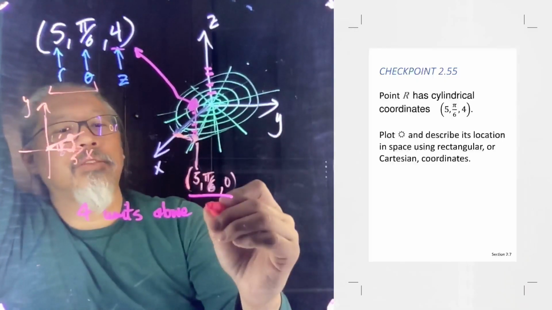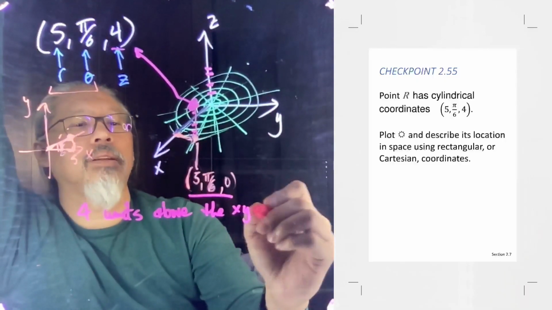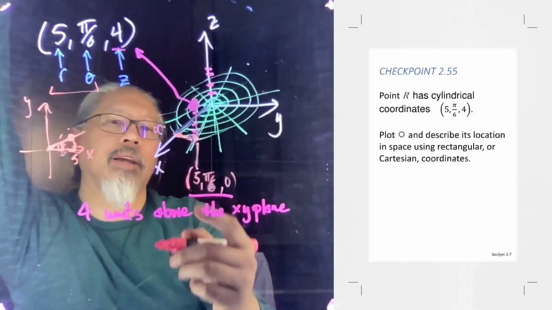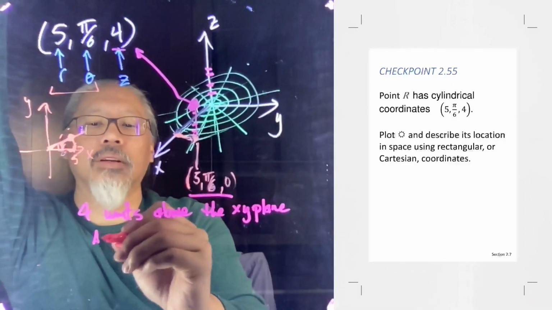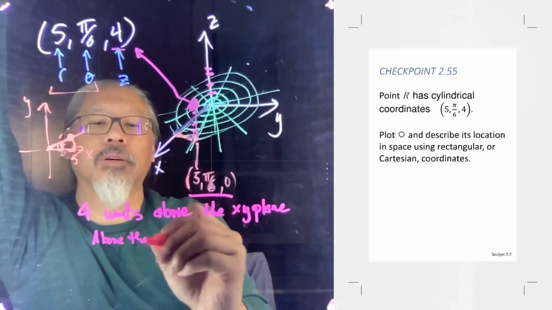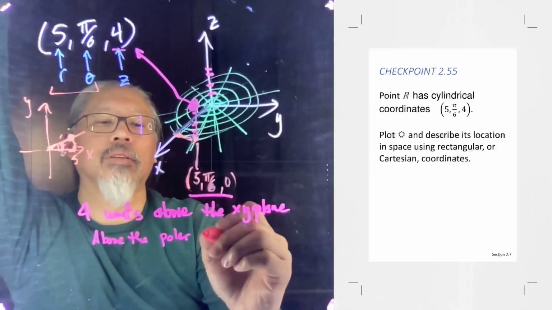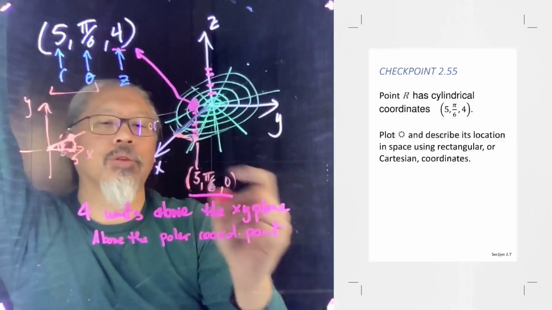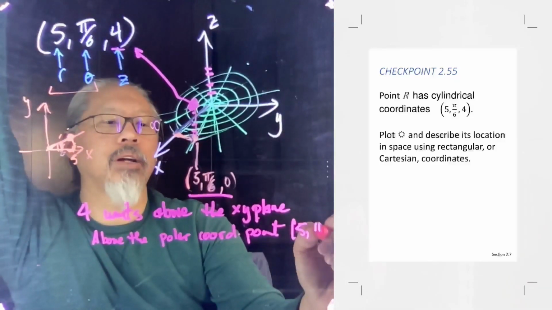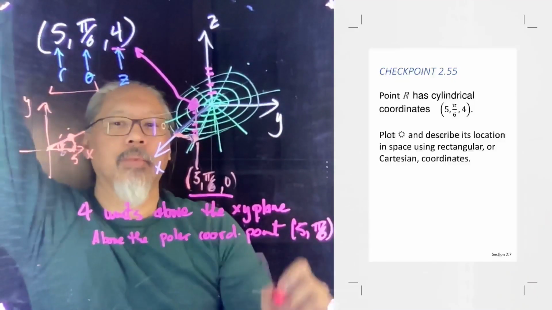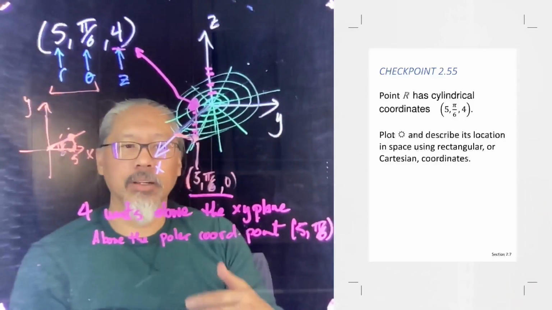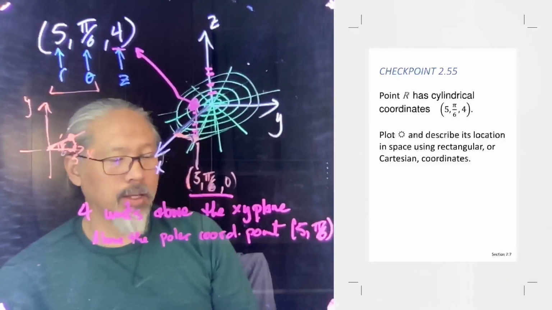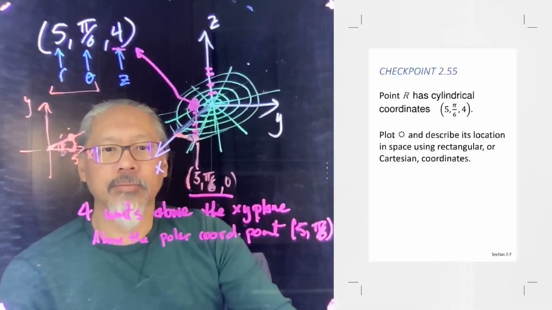It's 4 units above the xy plane, and right above the polar coordinate point, the polar coordinate point of (5, pi over 6). Okay, so that's the way to describe it, and this is the way to try to view it in 3 dimensions. Okay, I hope that helps.